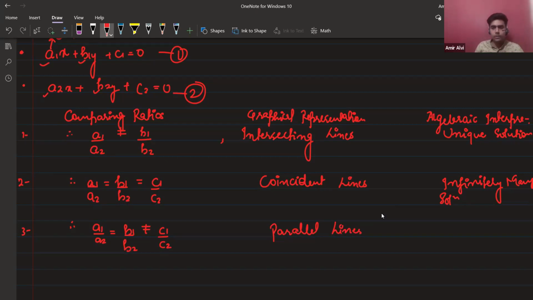They don't intersect each other. So they won't have a solution. These are parallel lines, so they are not going to intersect at any point. So no solution will be there. Is there any doubt?